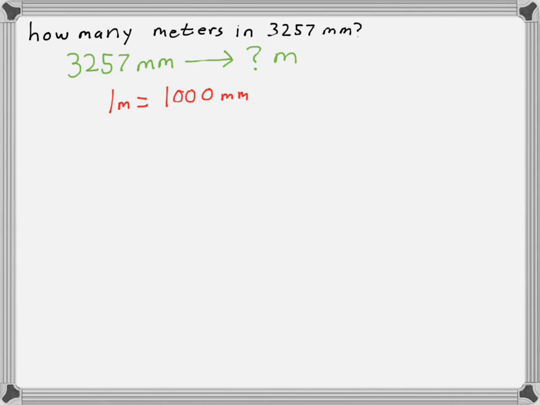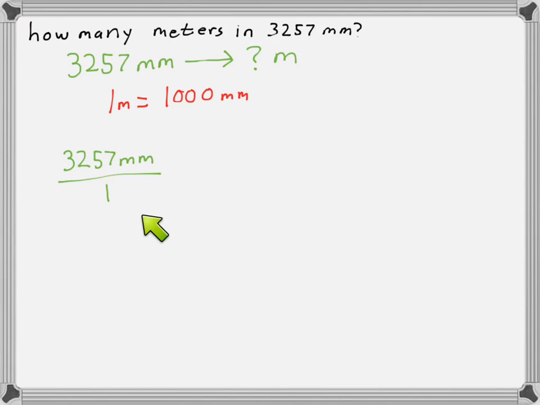Well, now that we know this basic information, we can go through the entire conversion method. So what I'm going to do first is write down what I have, and I'm going to write it in a specific form: as a fraction. What do I mean by a fraction? Well, 3,257 is the same thing as saying 3,257 millimeters over 1.